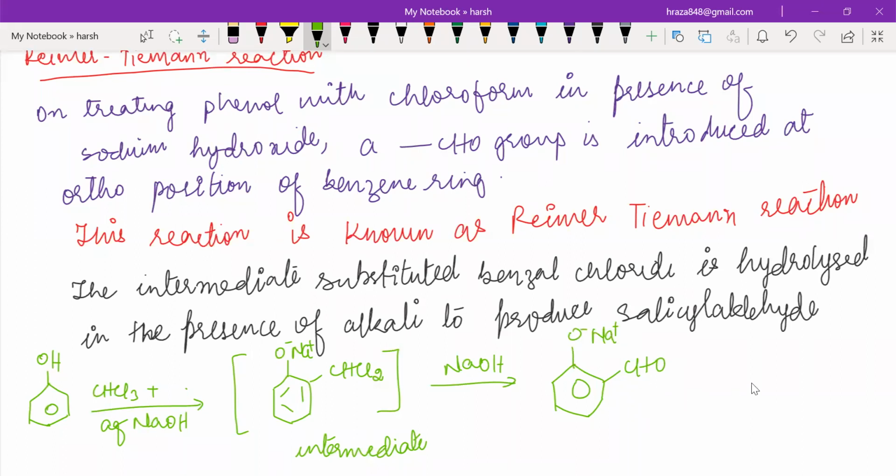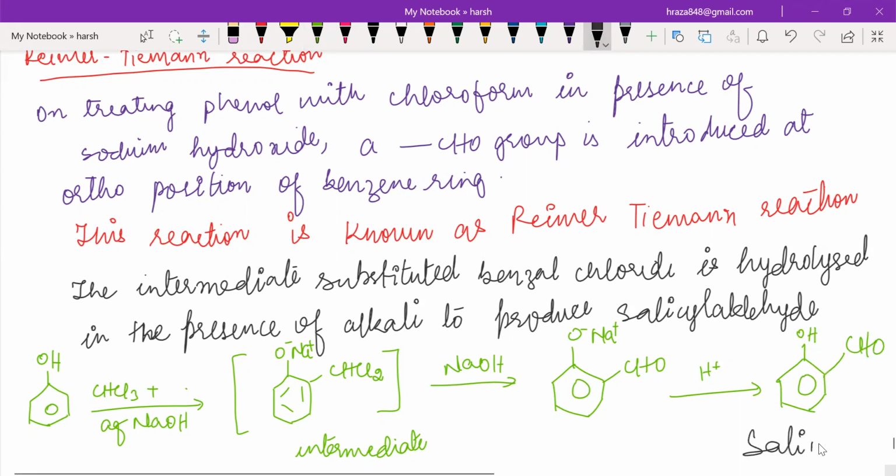And when this is treated with H plus in the presence of acid, you will get OH here and CHO here: 2-hydroxybenzaldehyde, or its common name, salicylaldehyde. Please write.